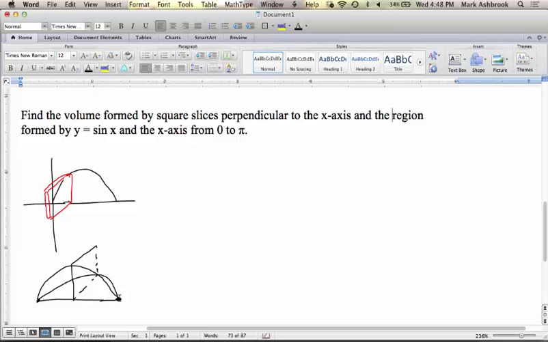Okay, and then from here, it's going to wrap around to that back corner like that, and then it's going to come back. And so I'll draw another square in here. So there, for instance, there would be a square like this.